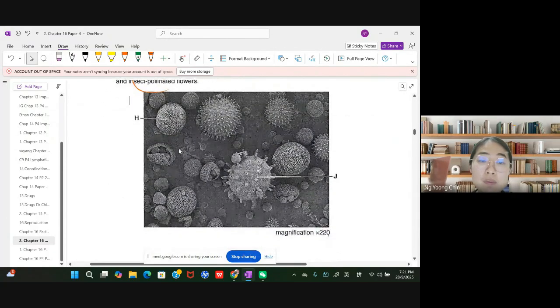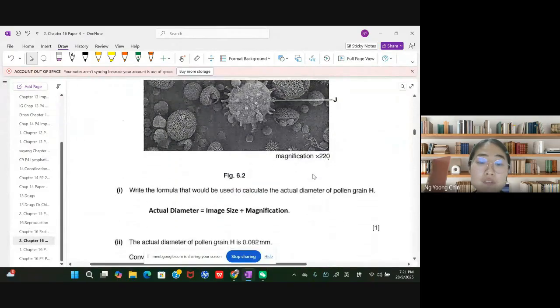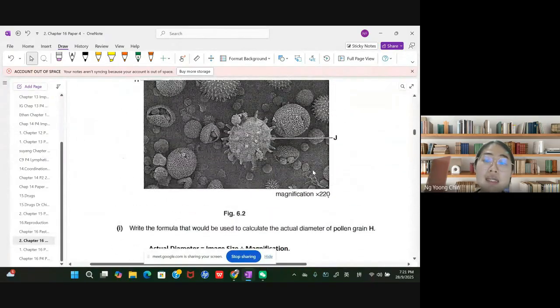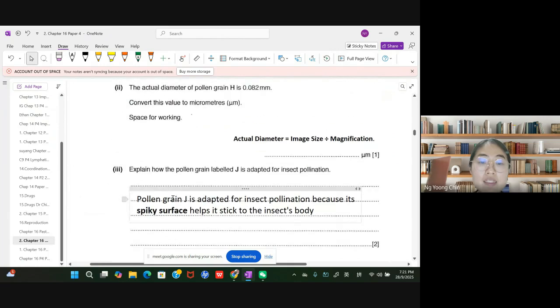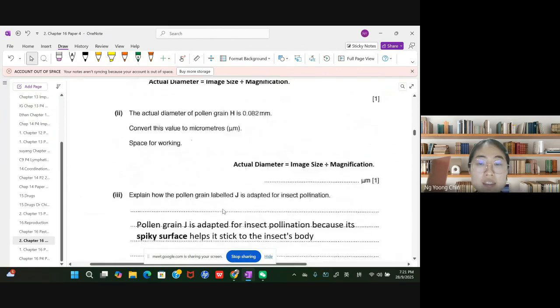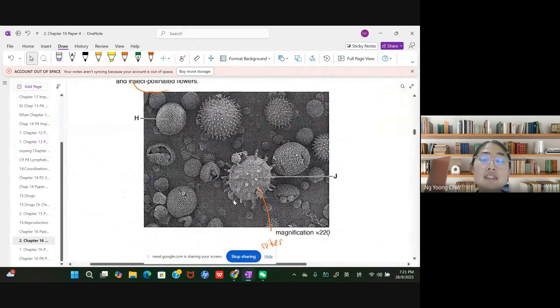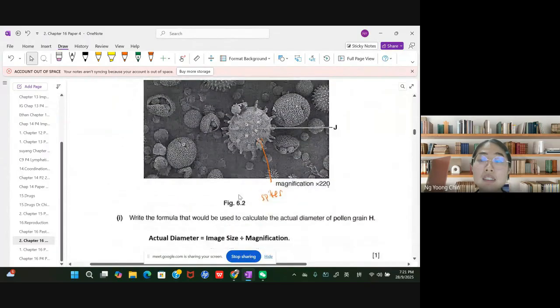For example, J must be the insect pollinated flower because J has spikes on their surface, like this. See, spiky surface. This spike on the surface can help to stick to the insect body.